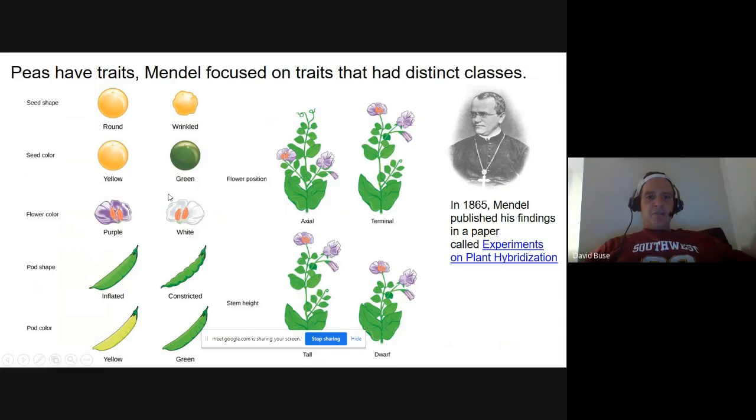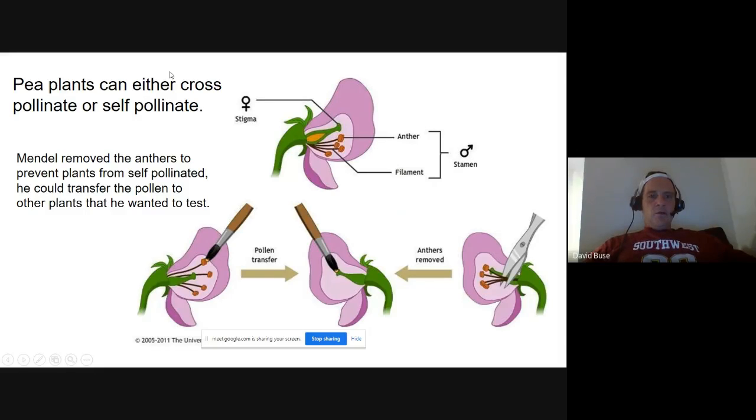Mendel studied 7 traits and he made controlled crosses between 7 contrasting traits. He crossed a true breeding round versus a true breeding wrinkled, a true breeding yellow versus a true breeding green, and a true breeding purple versus a true breeding white, and so on. And one important thing to understand about pea plants is that there are 2 ways that they can reproduce.